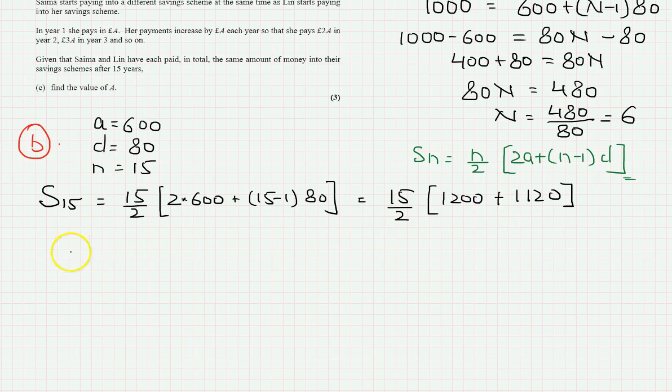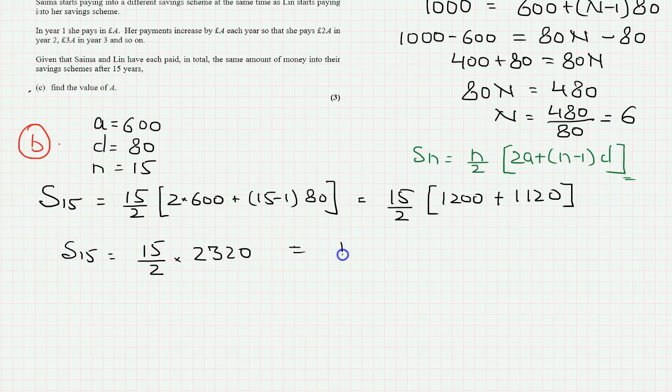So this will be 15 over 2 multiplied by 1200 plus 1120. So that will be 2320. 2320 multiplied by 15 and divided by 2 is 17,400.